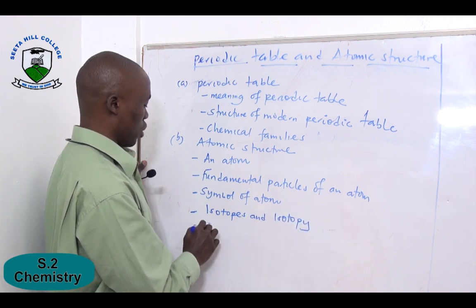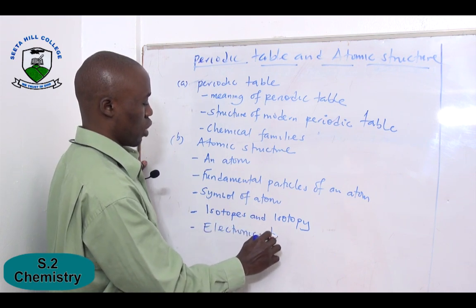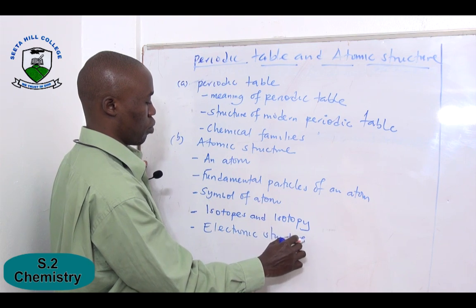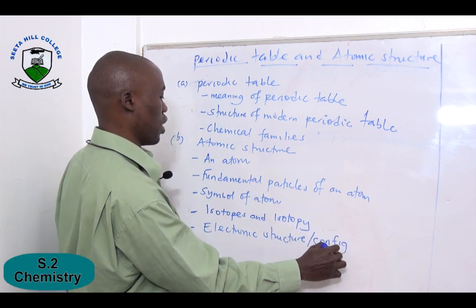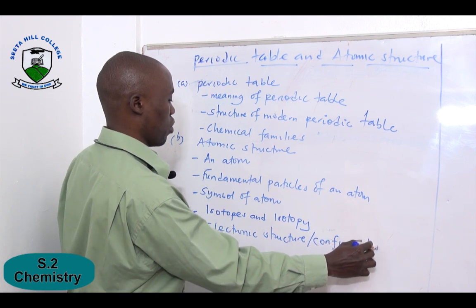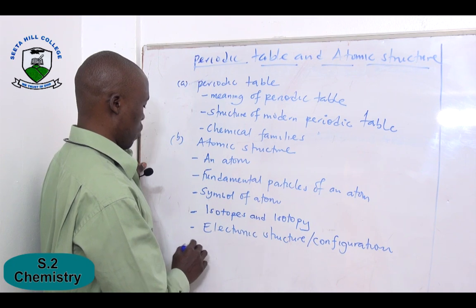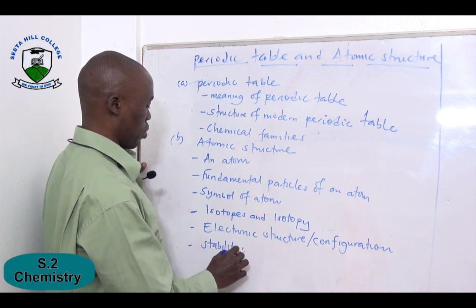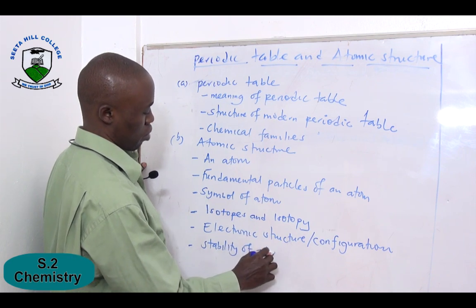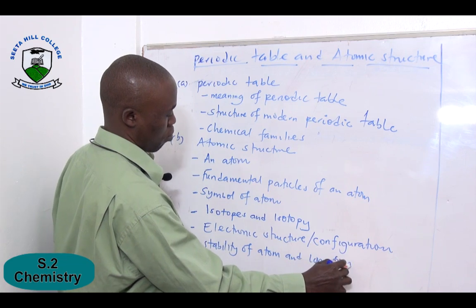Then it takes us to electronic configuration, electronic structure, stroke configuration. Then we look at stability of an atom and ion formation.